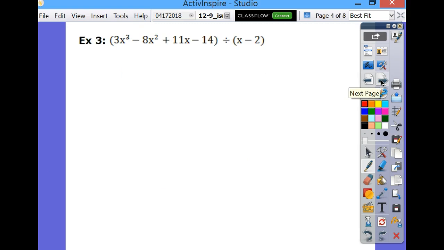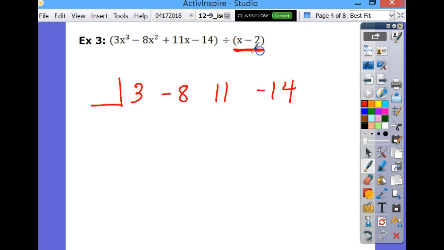Next problem. You write down your coefficients, the numbers without the x's, and you divide by not -2 but +2. You change the sign on this one, and that is your divisor.